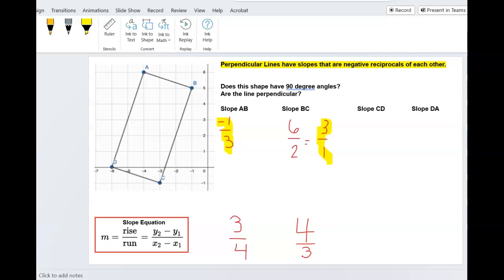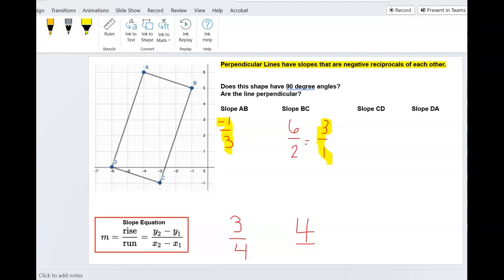Perpendicular line slopes are negative reciprocals of each other. So if I have 3/4 that's positive, then I'm going to put a negative in front of the reciprocal. So these two slopes down here at the bottom would be negative reciprocals of each other and therefore perpendicular lines. So that's where we're headed as an example.